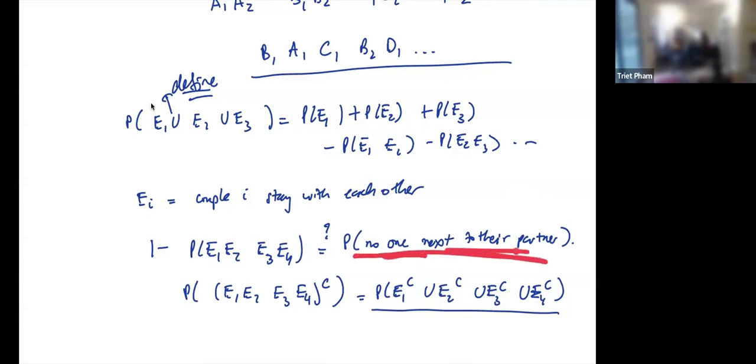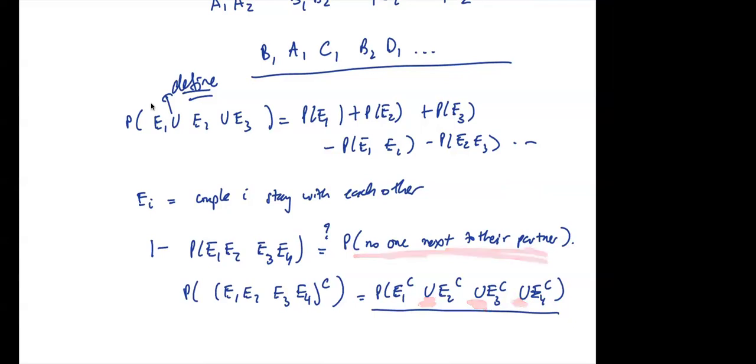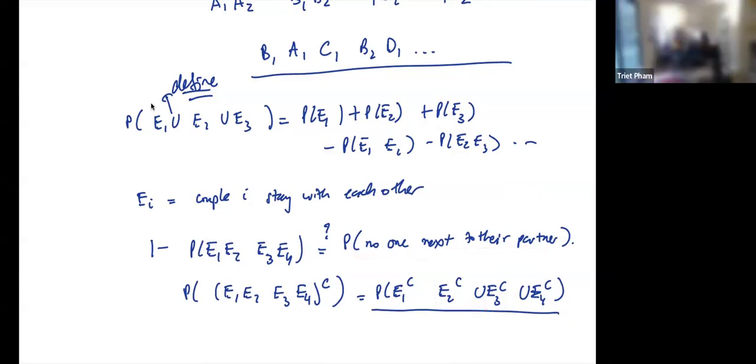So what do we want here? If we want no one next to their partner, what should we have here? We need ands for the complements. Correct. So we want and here, which means now you can fix this. If we want and here, then we want or here. Correct. Which, by the way, is a very similar structure to the hat problem.